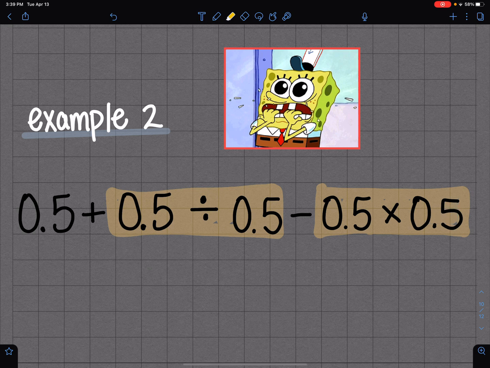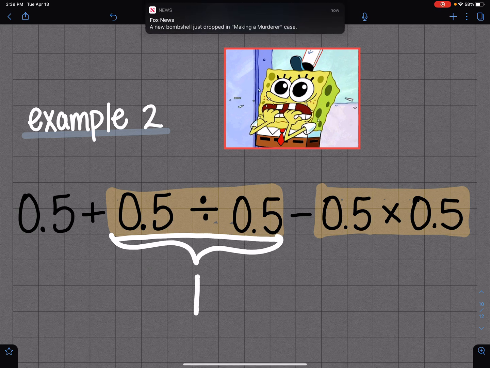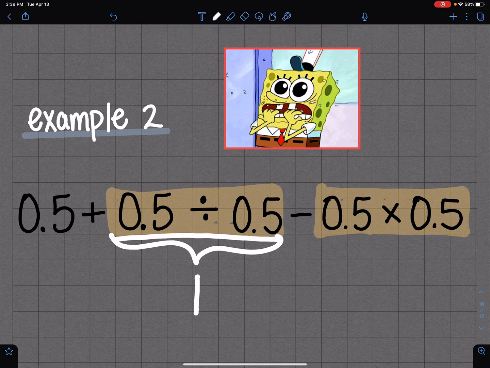Okay, ready? All right, so we're going to do 0.5 divided by 0.5. Well, that's easy. It's just going to be 1, because it's a ratio, 0.5 over 0.5, right? Now the next one is going to be 0.5 times 0.5. That's different.